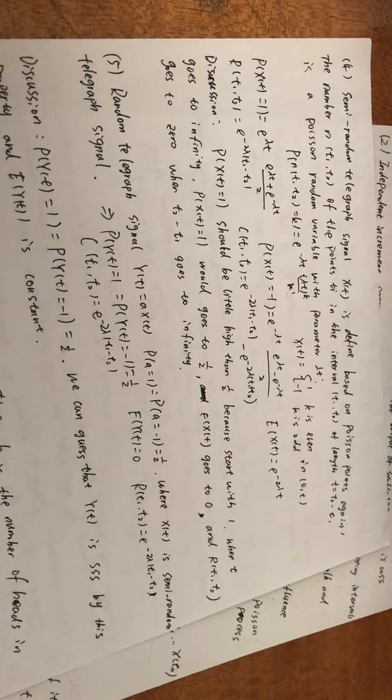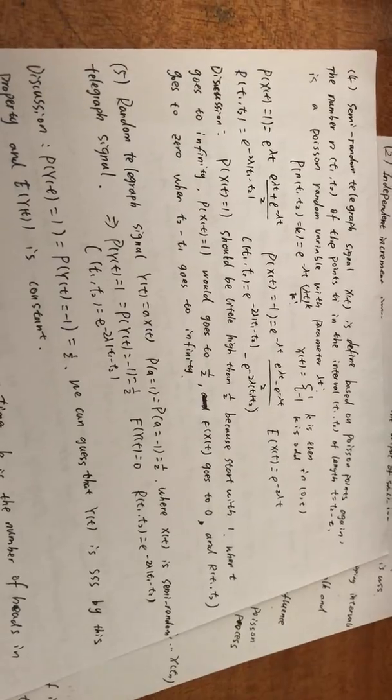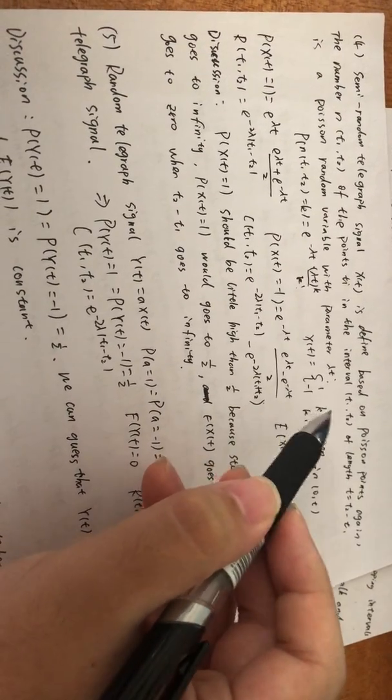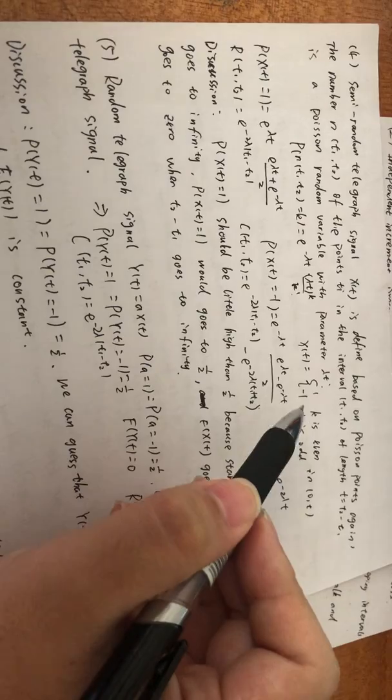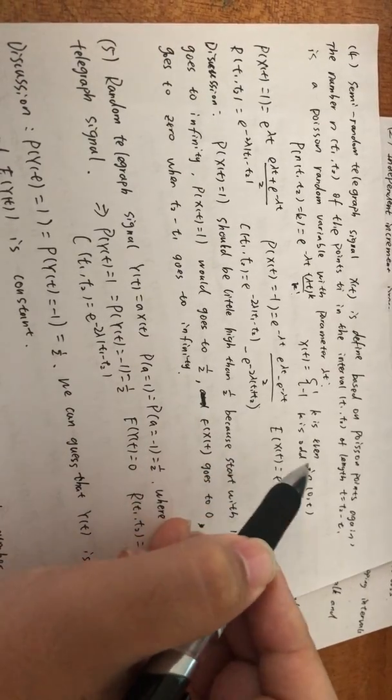Again, the number n(t1, t2) of the points ti in the interval (t1, t2) of length t equal to t2 minus t1 is a Poisson random variable with the parameter gamma t, and X(t) can be defined equal to 1 when k is even in the interval, and X(t) equal to minus 1 when k is odd in the interval.